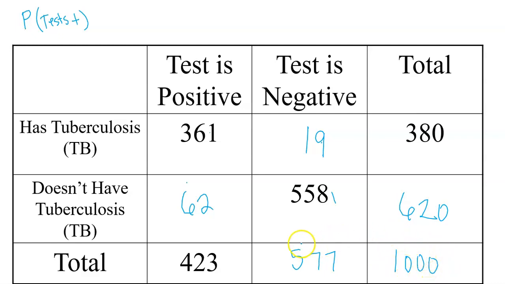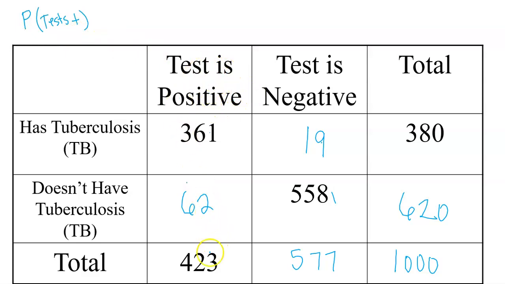So it's like taking these 1,000 people, putting their name on a piece of paper, writing down whether they had tuberculosis, whether they tested positive or negative, mixing them all together in a hat and pulling one out. What's the probability that the person I pulled out would test positive for tuberculosis?